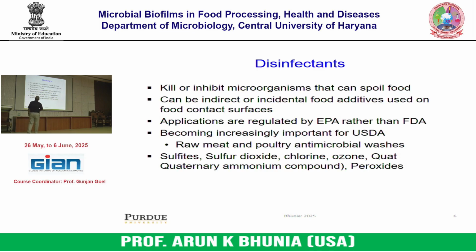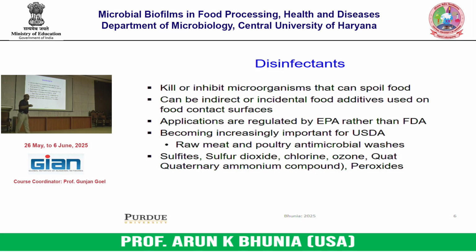In the food industry, disinfectants kill or inhibit microorganisms that can spoil food. They can be indirect or incidental food additives used on food contact surfaces. Applications are regulated by the EPA, so you cannot use disinfectants randomly. Some of them are used on raw meat or poultry, especially for surface washing.